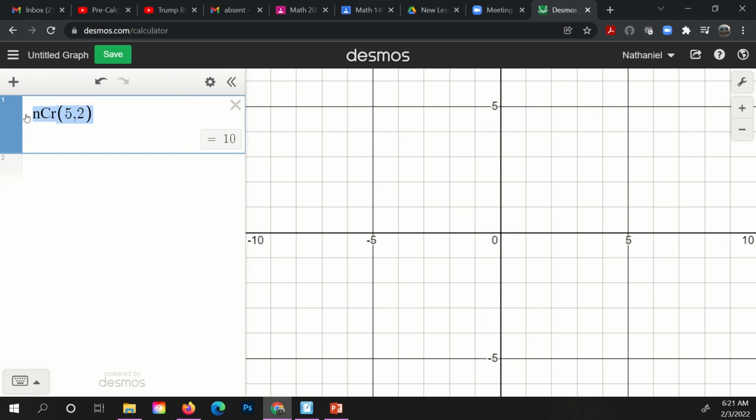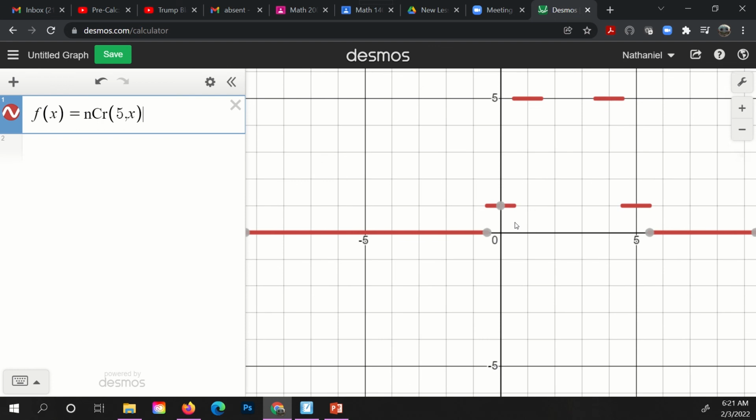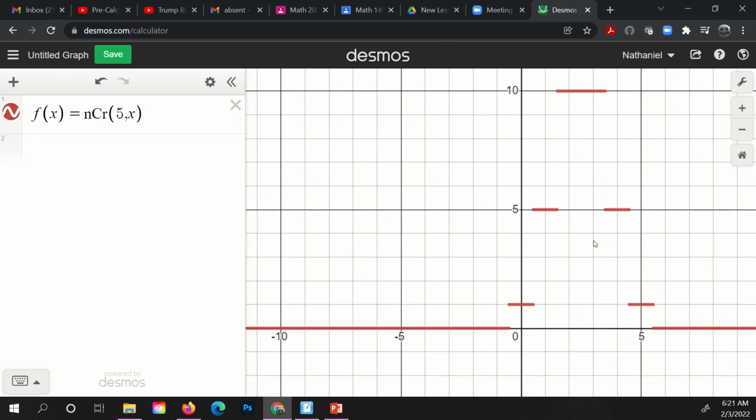Let's go f of x is equal to nCr, and then we want to use 5, because that's going to be constant for us, and then we'll use an x here. And you'll notice it builds this table for us already, which is kind of nice.